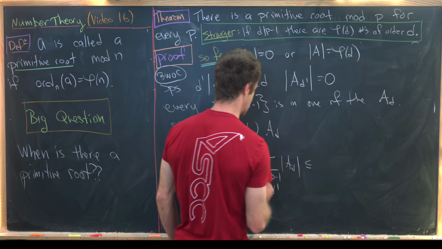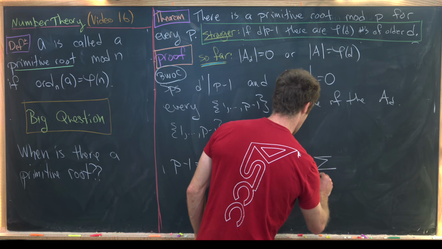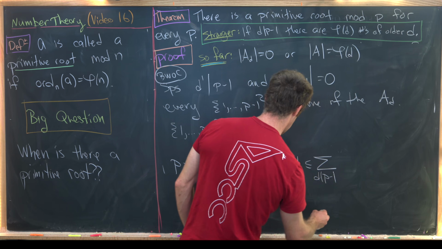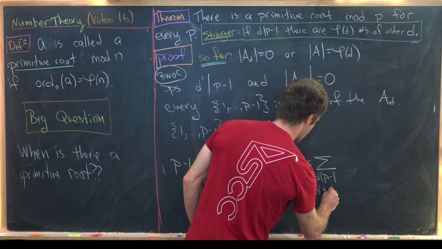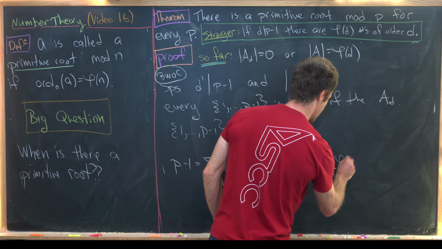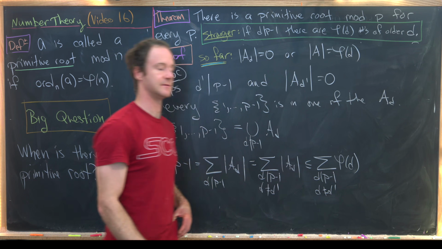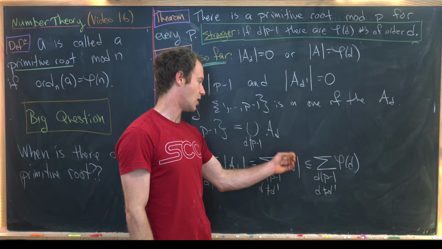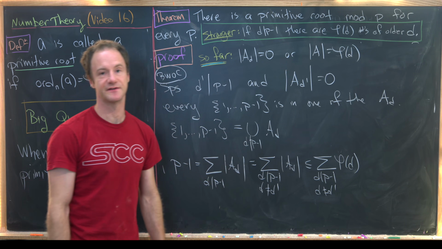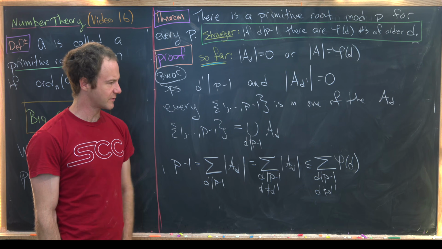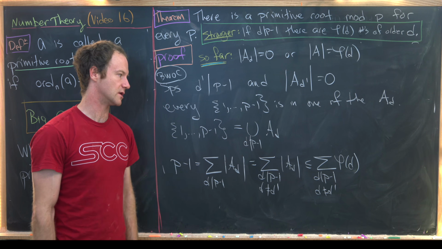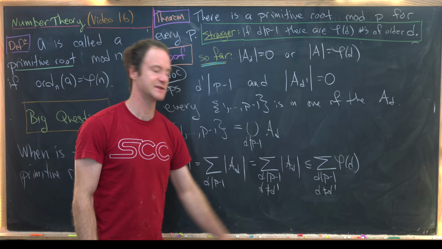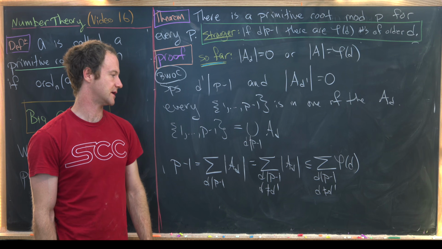But now that's going to be less than or equal to the sum over all divisors of p minus 1 that are not equal to d prime of phi of d. Okay, well, that's because all the rest of these are potentially of size phi of d. Some of them could be 0, but they're all 0 or phi of d. That's why we've got that inequality.